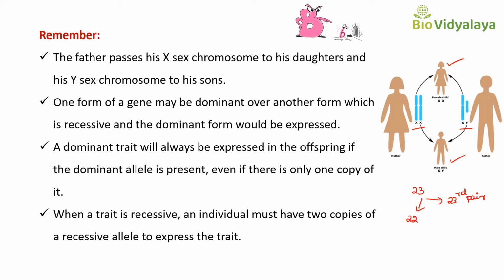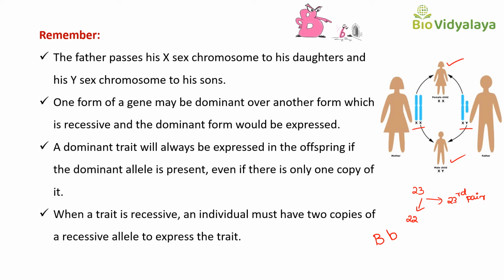And we know that there are two types of alleles, dominant and recessive. One form of a gene may be dominant over another form which is recessive, and the dominant form would be expressed.